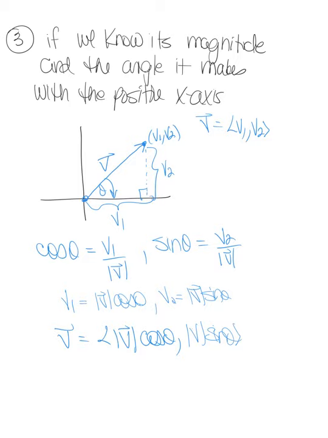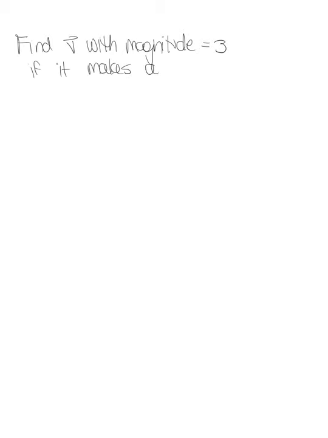So let's look at an example. In this example, let's find the vector v with magnitude equal to 3 if it makes a 45-degree angle with the positive x-axis.